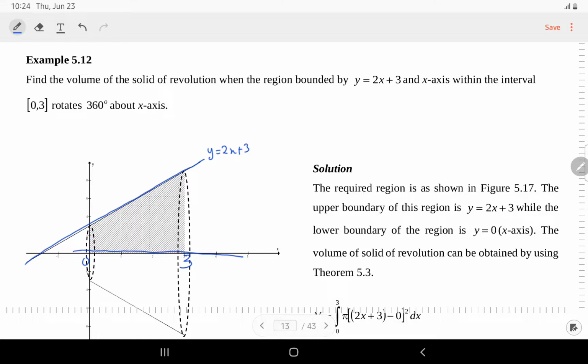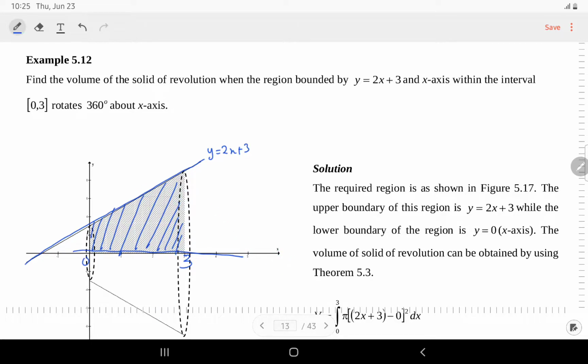So asalnya dia kata region tu adalah bounded by this straight line and x-axis. So region dia adalah di sini. Okay. Shaded region. Tapi shaded region ni dia pusing 360 darjah. Okay, menjadikan x-axis ni sebagai paksi dia.